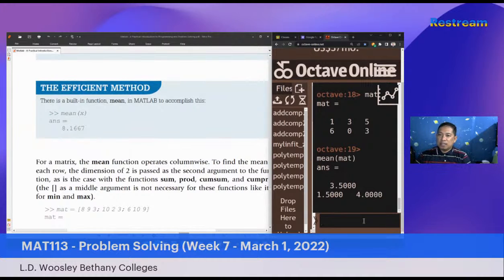So makikita natin dito, 3.5 is the average of 1 and 6, 1.5 is the average of 3 and 0, and 4 is the average of 5 and 3. So it is computing the mean for corresponding elements of a column. So kung meron kang 3 columns, meron kang 3 sagot na means.